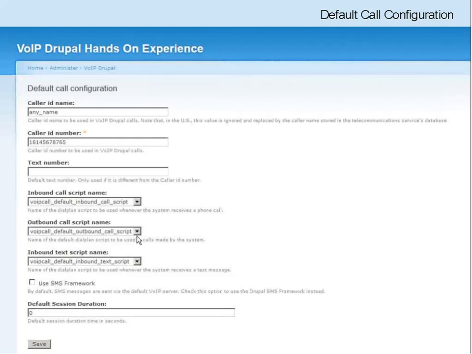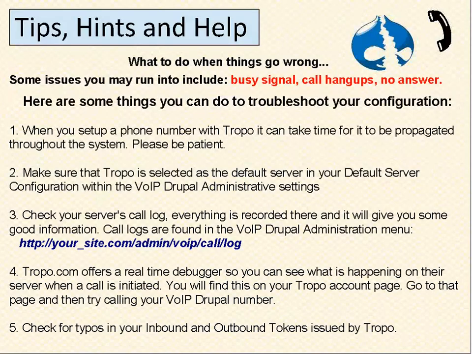Everything is recorded there and it'll give you lots of good information. I suggest you look at it many times after you've made a call. Go see what is there, what information is it keeping. This is all good information that developers can use when planning to create new customized applications for VoIP Drupal.